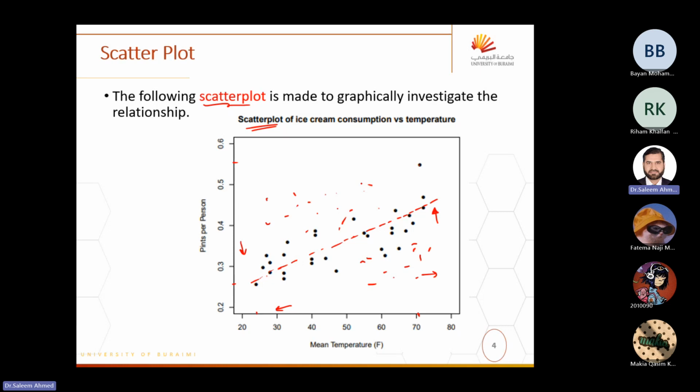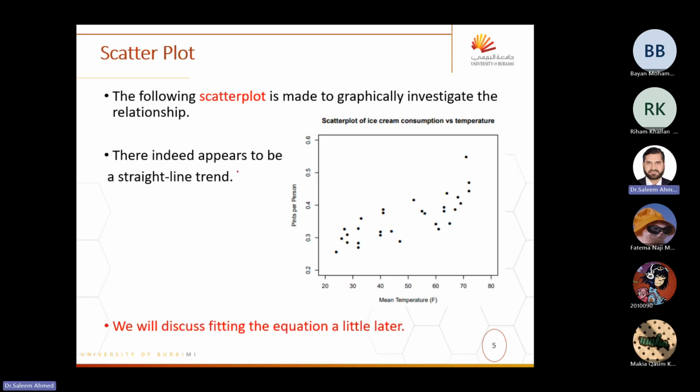It means there is not much we can say about linear relationship. Agree? But if you look at just the black points, I can suggest that there is a relationship between these two variables. So there indeed appears a straight line trend that I just showed you there, right? Straight line trend is there.